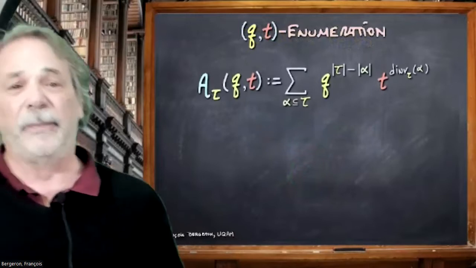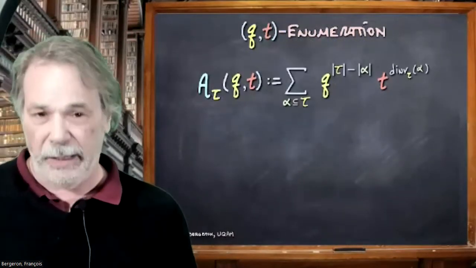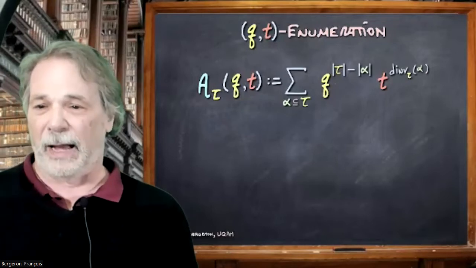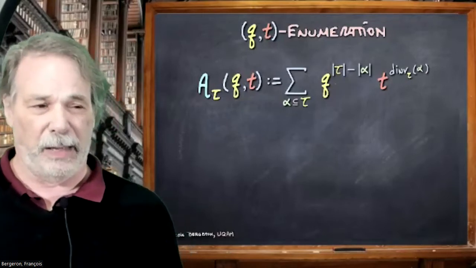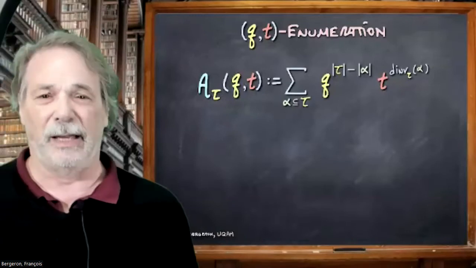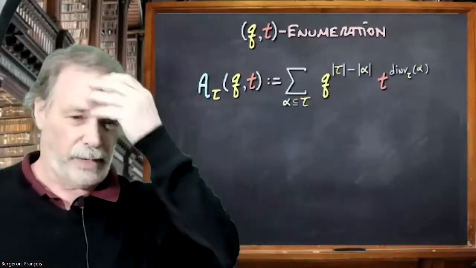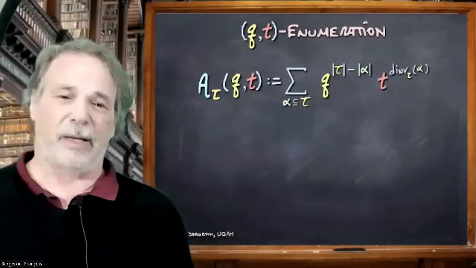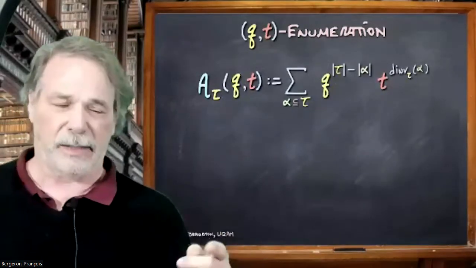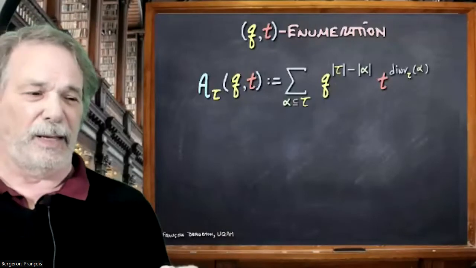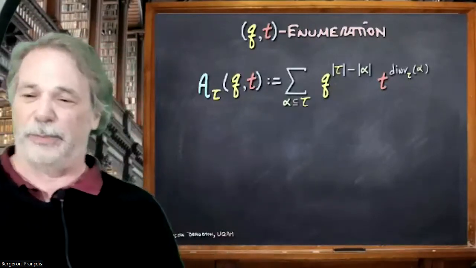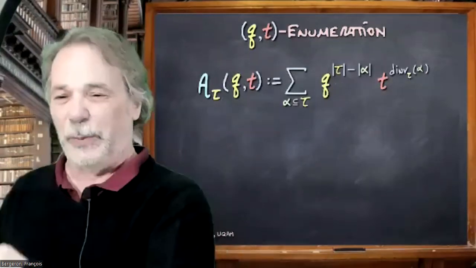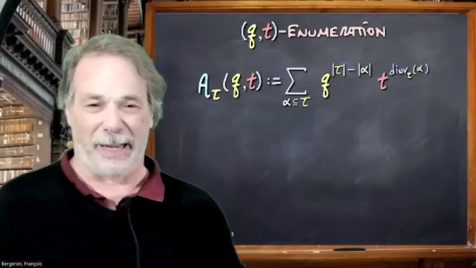Okay, I'm going to q,t-enumerate these paths. I looked at Jim's talk of yesterday. He already introduced many of the notions that are here. Maybe I'm going to be too fast. If you didn't follow Jim's talk yesterday, you will have to go on YouTube and look at the details.